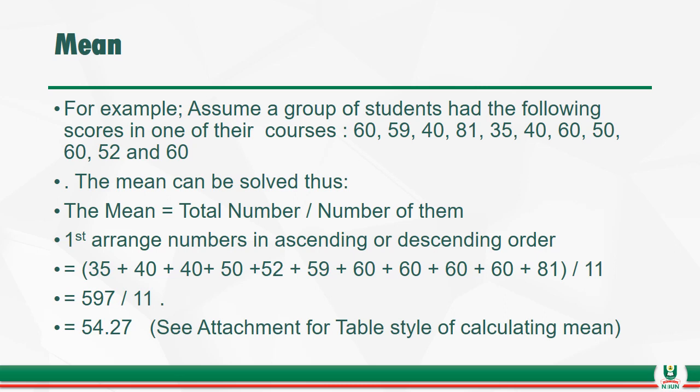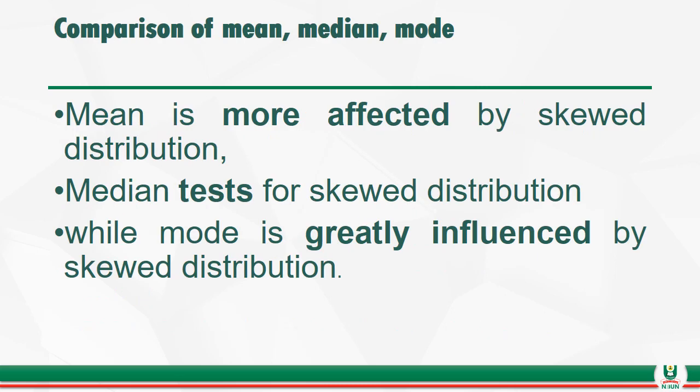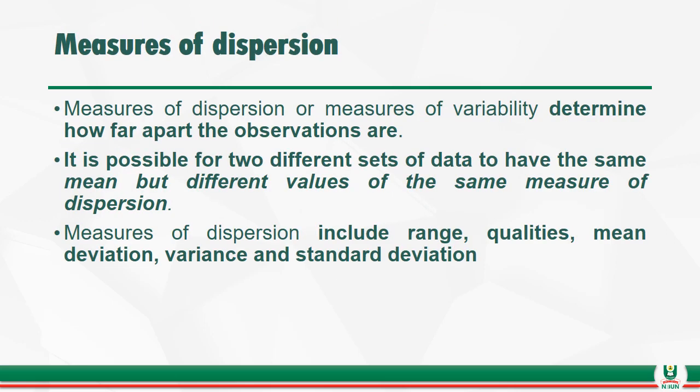And talking about the mean, the mean can be calculated either in the array of numbers or by putting them in tables. The mean is more affected by skewed distribution, and of course the median is used for skewed distribution, while the mode is greatly influenced by distribution.